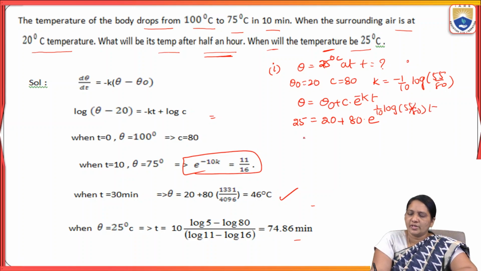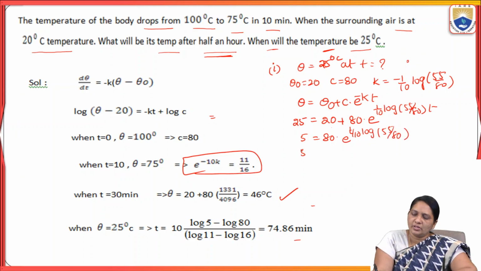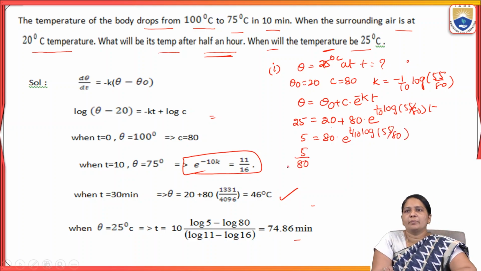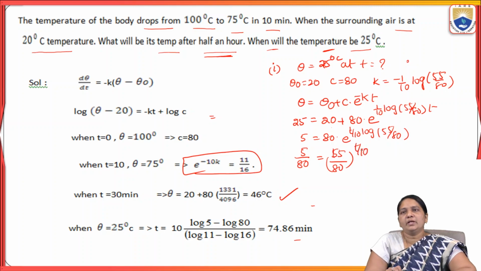In the same way we can simplify this. 25 minus 20 is 5, equal to 80 into e power t by 10 log 55 by 80. So this becomes 5 by 80 equal to, since log e base e is 1, 55 by 80 power t by 10.